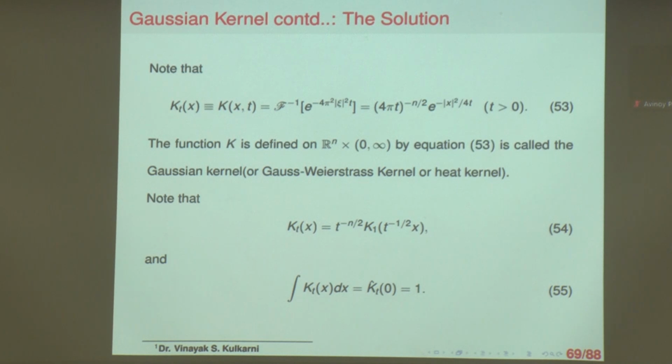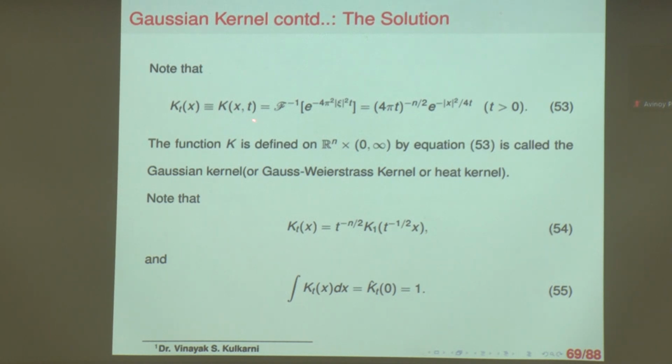Here the kernel, as it is a function of x and t, you can write as K(t, x). This Fourier transform, like in the last problem, I can write directly over here. If we find the inverse Fourier transform of this particular term, you will get this particular expression. I have not solved it in detail because it needs a lot of computational skill and Fourier transform properties, so it would divert from what we are discussing right now.